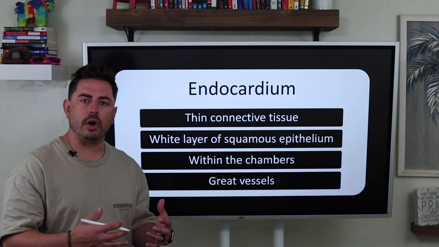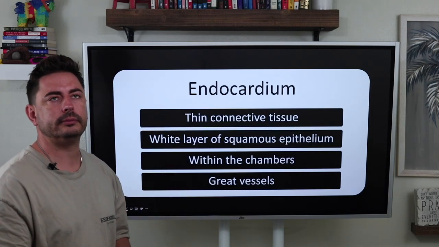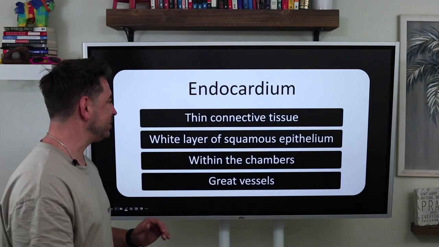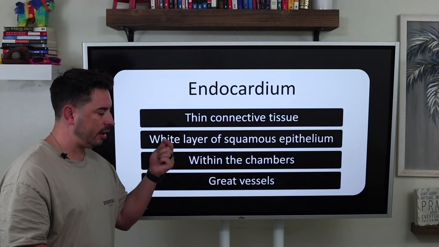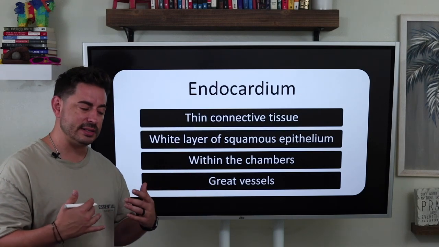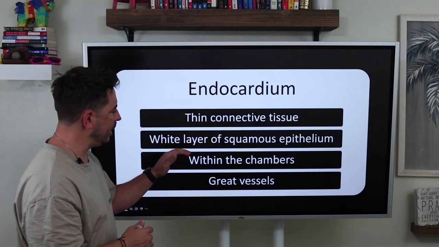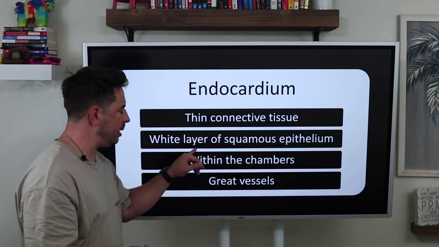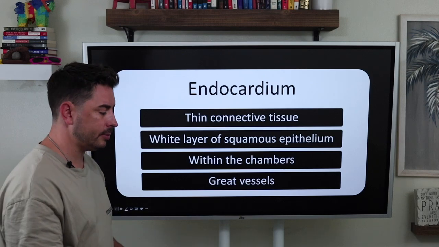When we look at the endocardium, this is the innermost layer when it comes to the heart wall. It has a thin layer of connective tissue that are white sheets of squamous epithelium, and we see that these white layers of squamous epithelium are found within the chambers of the wall of the atria and the ventricles themselves.